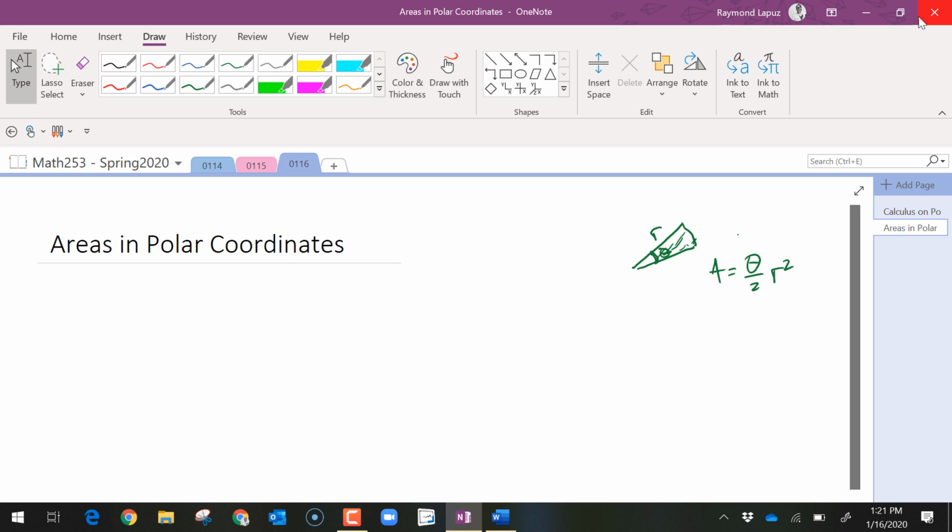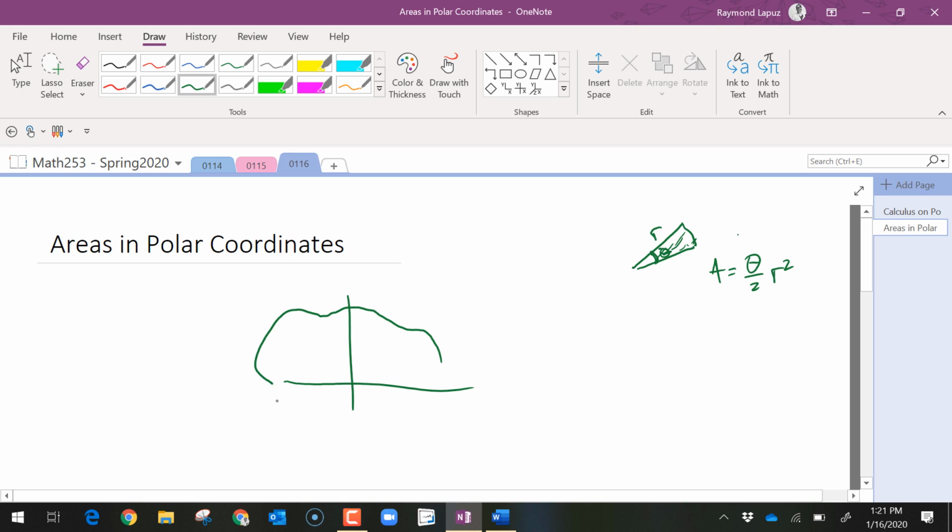So just like in Calc 2, we found the area under the curve and we looked at areas of rectangles. Here, we're going to find the area that's spanned by a polar coordinate graph, and then we're going to use the sector instead of a rectangle because that makes a lot more sense. So if we had a polar coordinate graph, and let's say we want to find this area here.